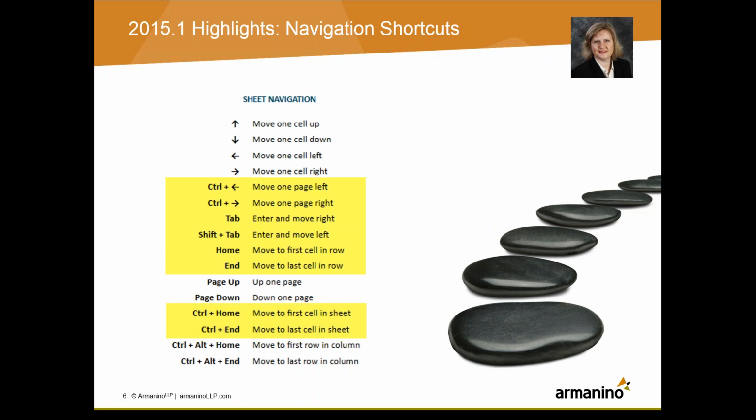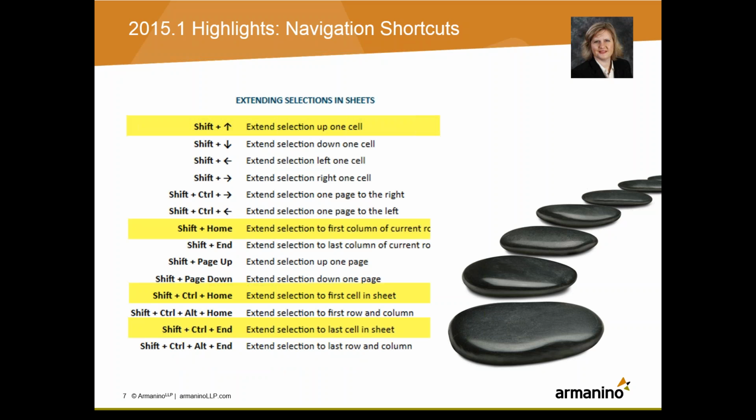If we go to the next slide, you'll see that when we want to actually extend our selected range, we tend to use shift. So if you see here, a lot of these are prefixed with a shift. So you go shift home, it brings you all the way to the first column of where you are. Probably the most helpful one is actually very subtle, just shift and then the upper arrow key.